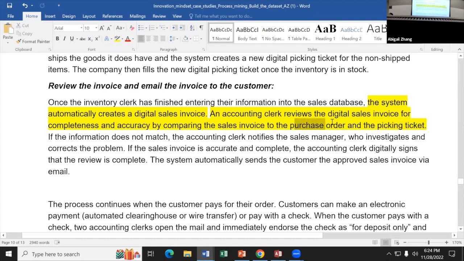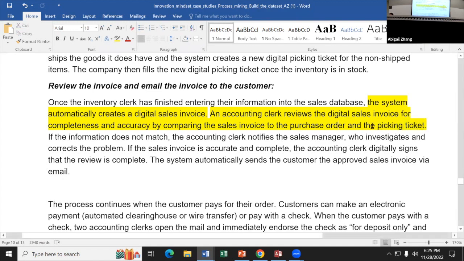We have to look at a purchase order because this proves the existence or occurrence of that sale, right? It shows that Jaden actually placed an order with us. We didn't send this product to some fake customer. And then the picking ticket or other shipping document is to prove that the company actually shipped the products to the customer, or delivered the services or products to the customer, right?